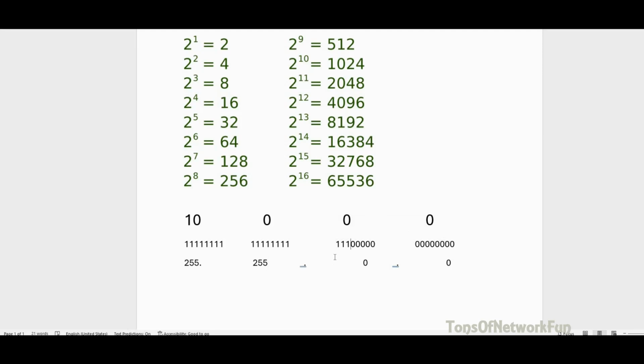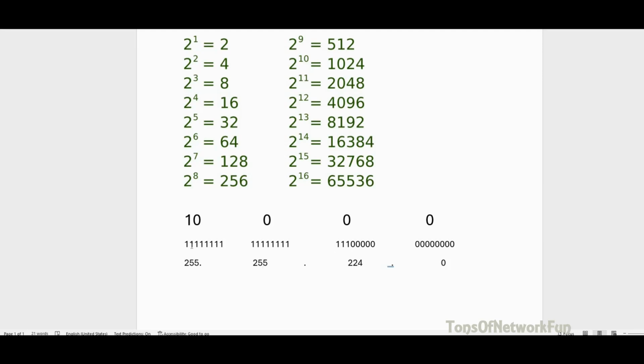That means 128 for the first one, 64 for the second, and 32 for the last bit borrowed. So 128 plus 64 is 192, plus 32 is 224. Now this has changed from 0 to 224. Understood how I got 224? These three ones, 128 plus 64 plus 32, give you 224.